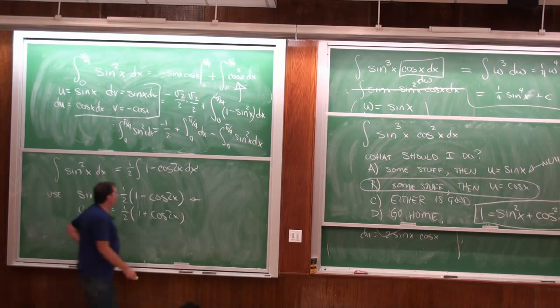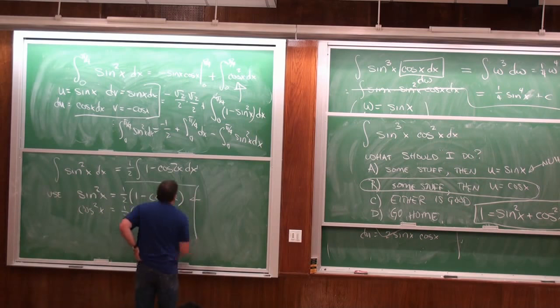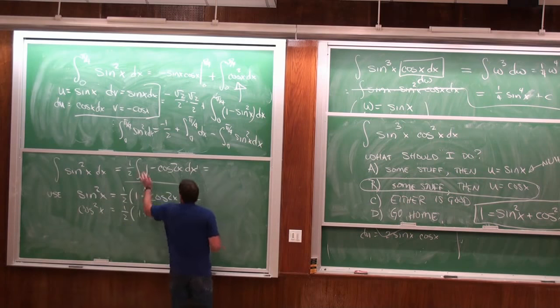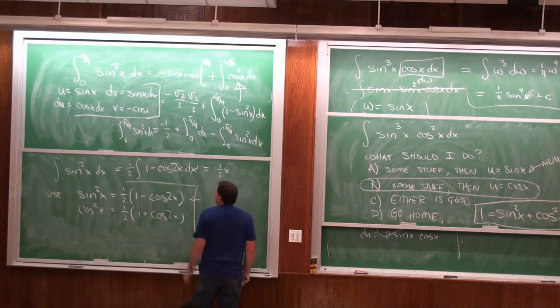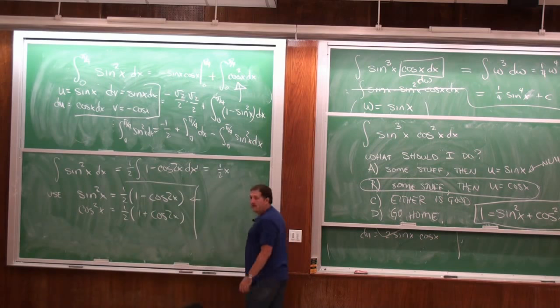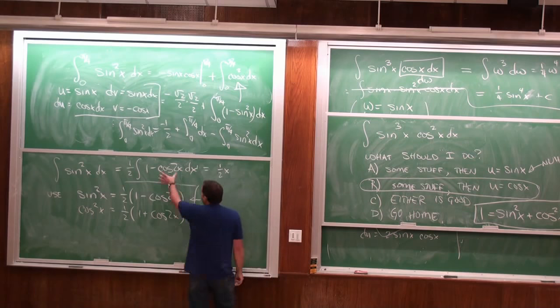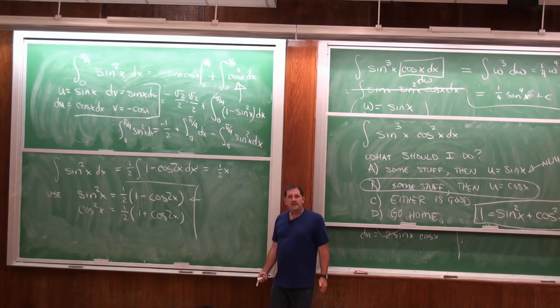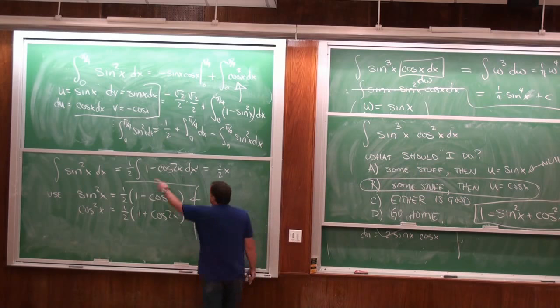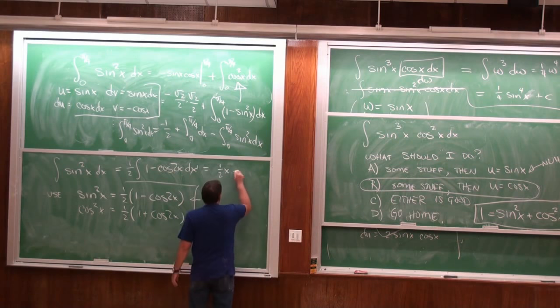So I integrate 1 and I get 1/2 x, and I integrate 1/2 cosine 2x. When I integrate cosine 2x, I get 1/2 sine 2x, and then I get another half. So this is minus 1/4.